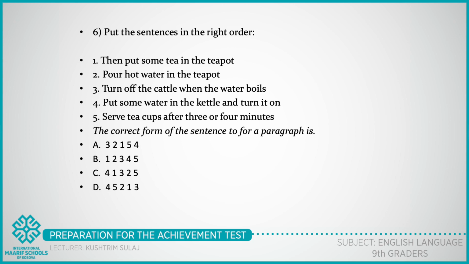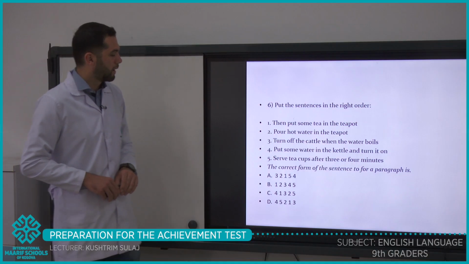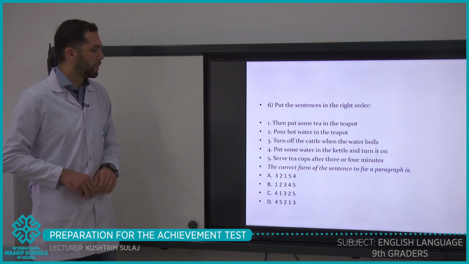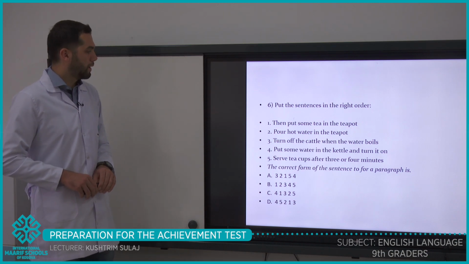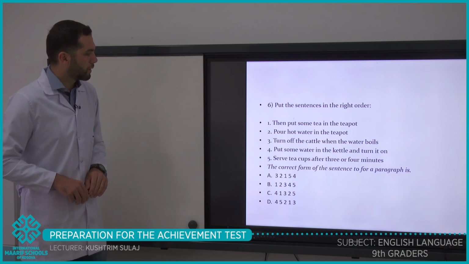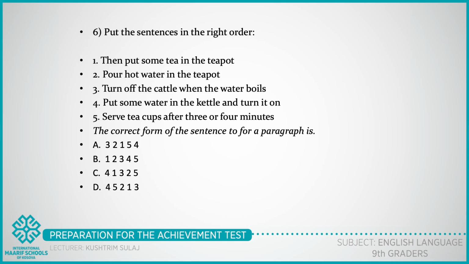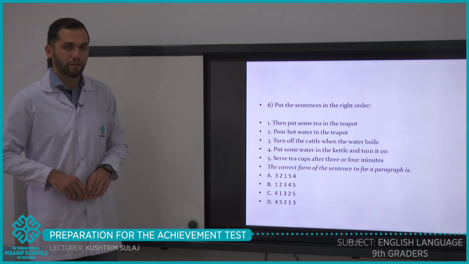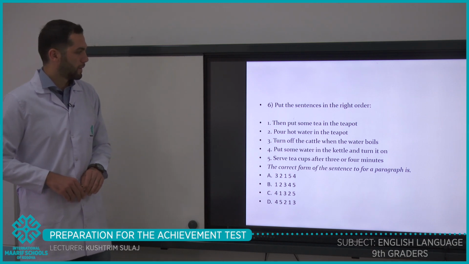It says, then put some tea in the teapot. So this is the first step. No, it's not, because you didn't do anything. And then pour hot water in the teapot, and then turn off the kettle when the water boils, and then put some water in the kettle and turn it on, and then serve teacups after 3 or 4 minutes. Can you do this? Of course not, because it's a very big mess.